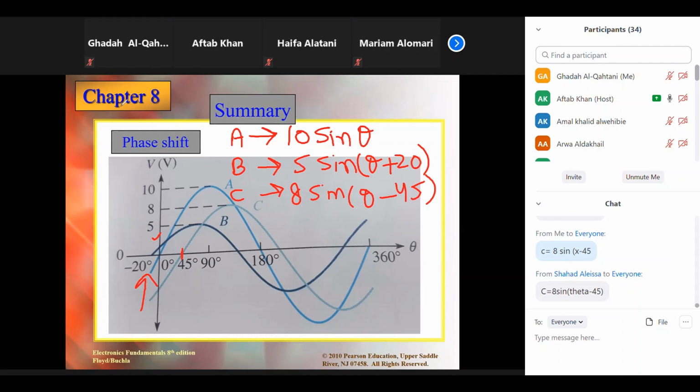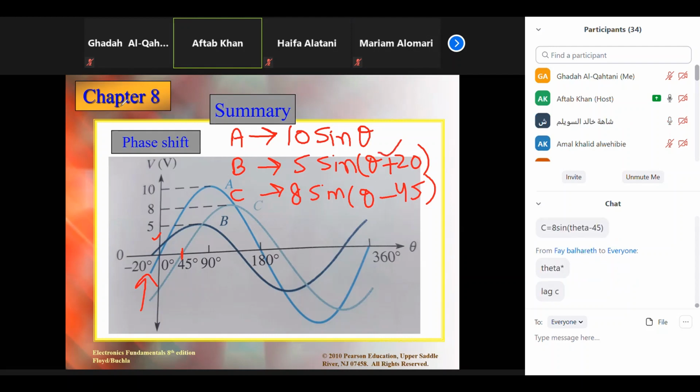If I ask you which is leading and which is lagging, if we consider A as the reference, we can say B is leading because of the positive sign, and C is lagging with respect to the reference. Clear to all? Yes.